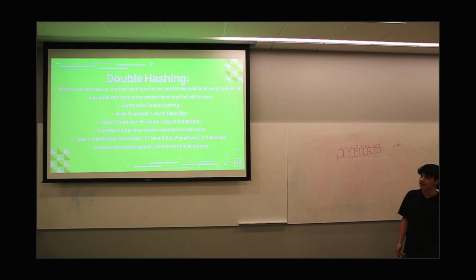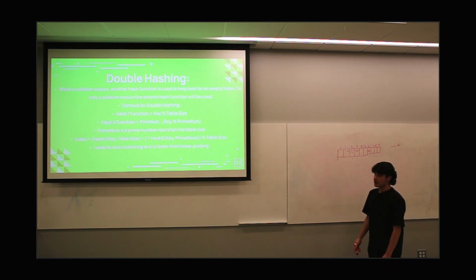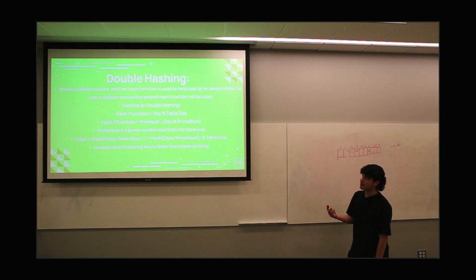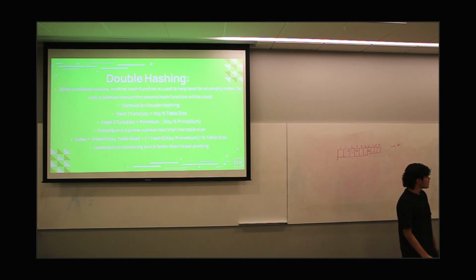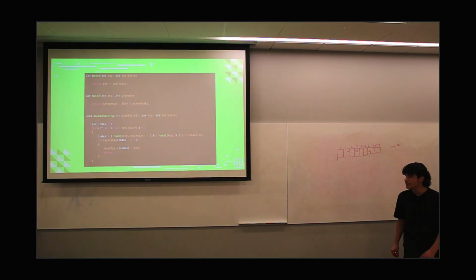The other hash function is prime number minus key modulo prime number. And the prime number is the greatest prime number that is less than your table size. So in our example, we're using 10. The greatest prime value would be 7. Okay, so we can move on.